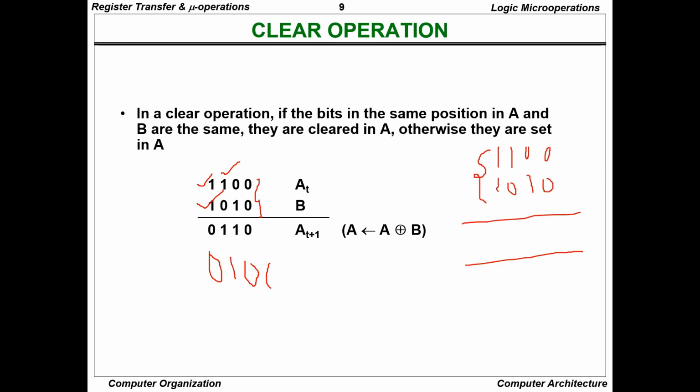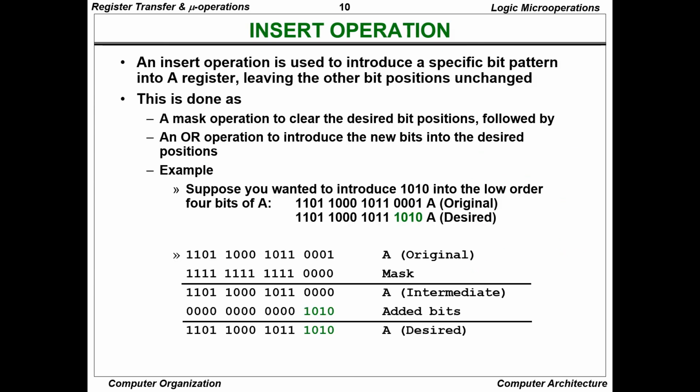If both are same, so 1 1, now clear the position in A. So here I have 1, so clear it to 0. So here also same, 0 0. Then what do we have here? 0, so clear it to 0. So remaining all cases you will get 1. So 0 1 1 0. So that's a clear operation. So 0 1 1 0 is nothing but your XOR operation.